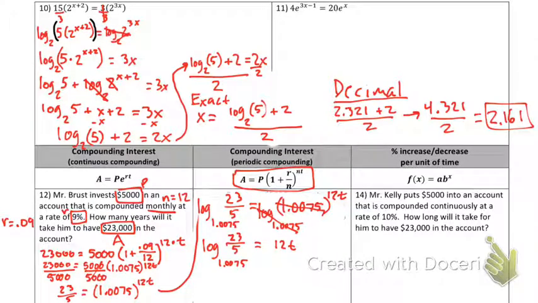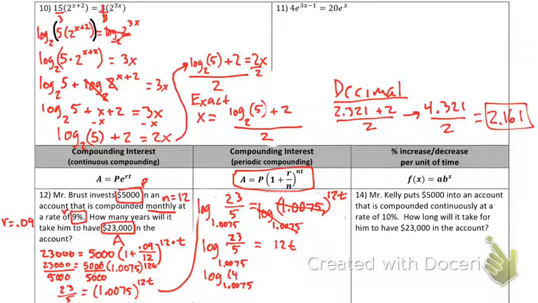Okay, so what I want to do is clean this up. I want to compute this with your calculator. Put log base this, and first compute 23 over 5, and then take the log base 1.0075 of it. If you compute 23 over 5, that gives you 4.6.